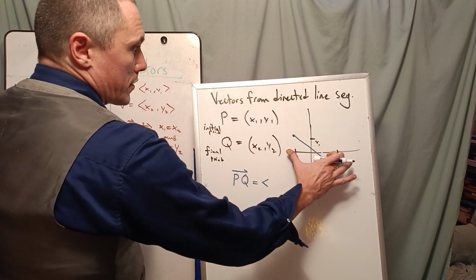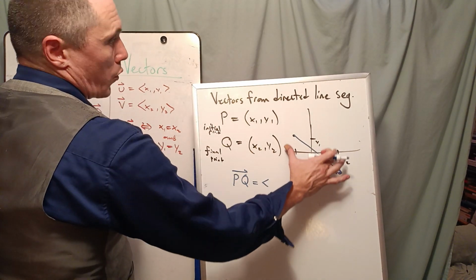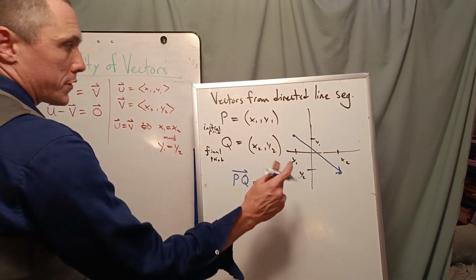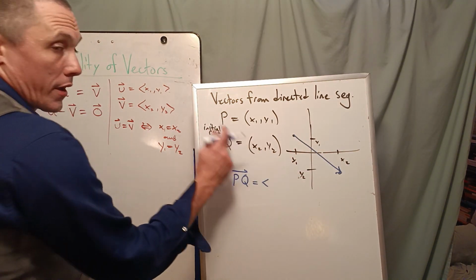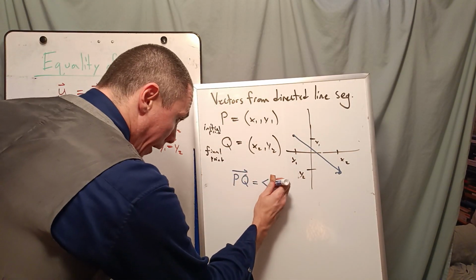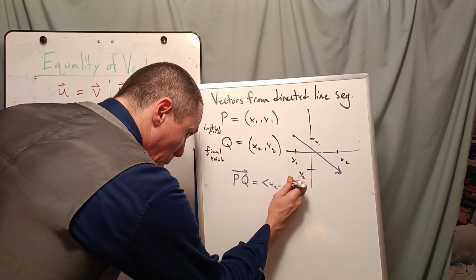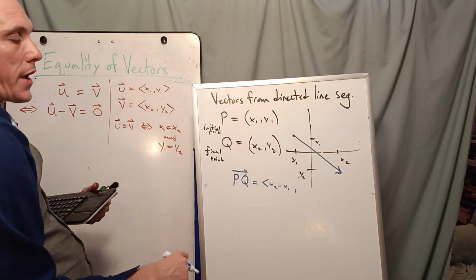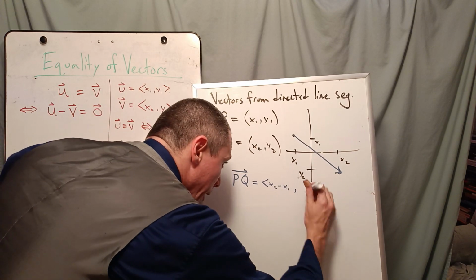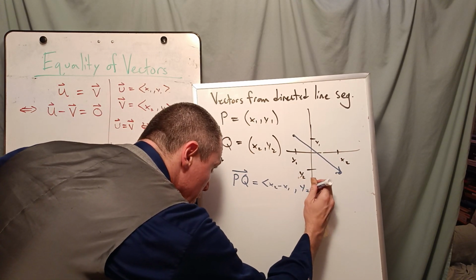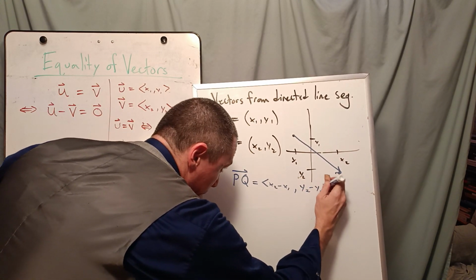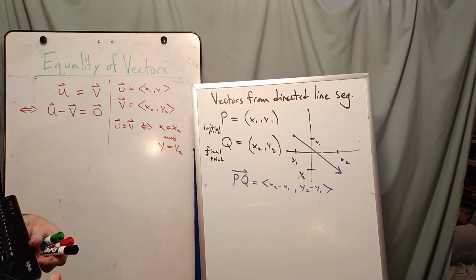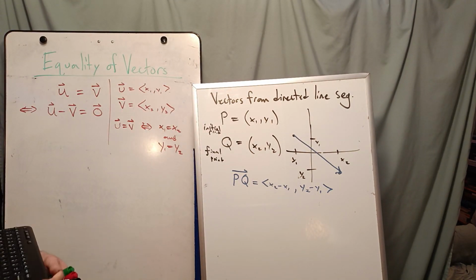So this is going to be equal to the difference. This component is its horizontal length. This is going to be the difference, and order matters here: x2 minus x1, the difference of the x coordinates, and then y2 minus y1, the difference of the y components.